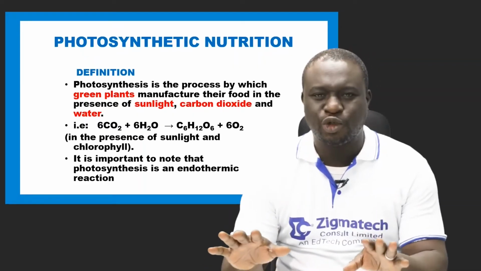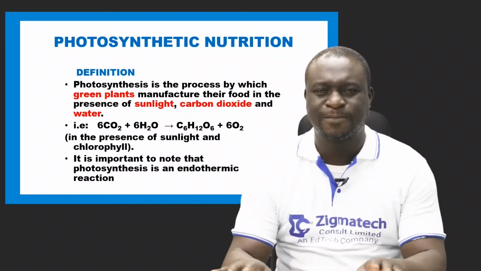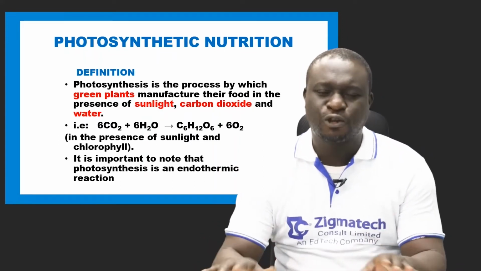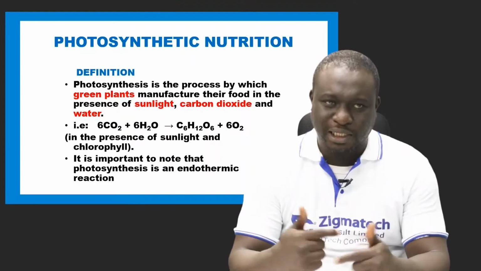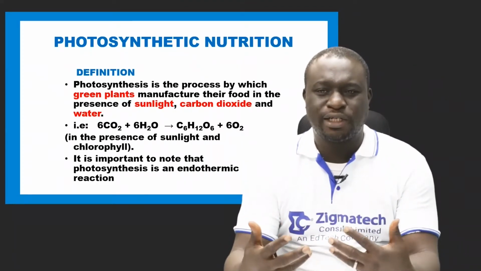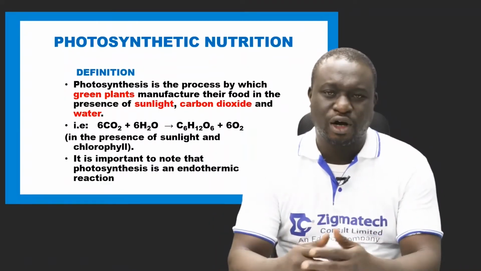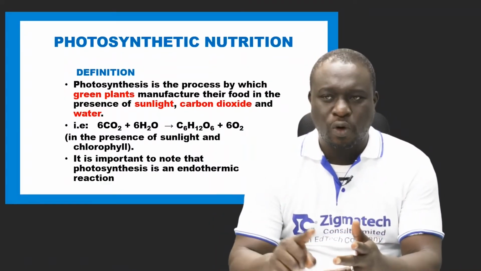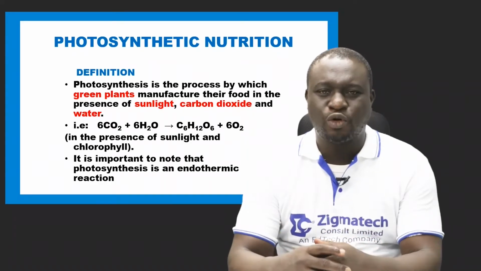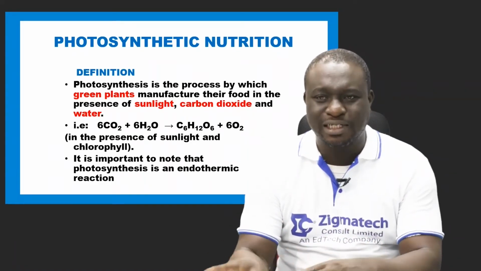When you are defining photosynthesis, they should be in place in your definition. I repeat, photosynthesis is a process by which green plants manufacture their food in the presence of sunlight, carbon dioxide, and then water. You can see the chemical equation that represents photosynthesis.